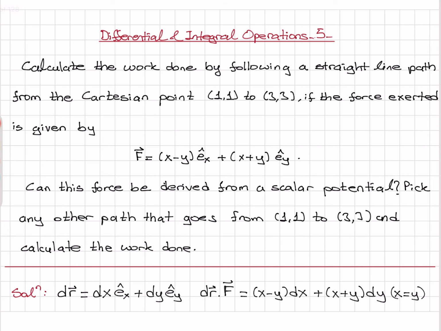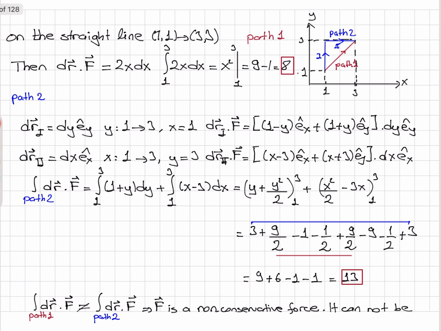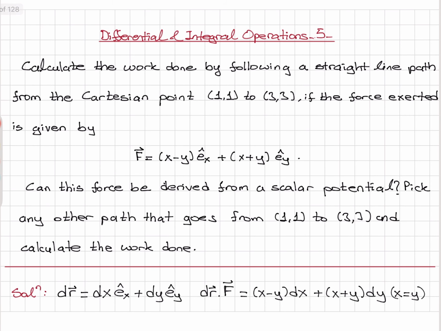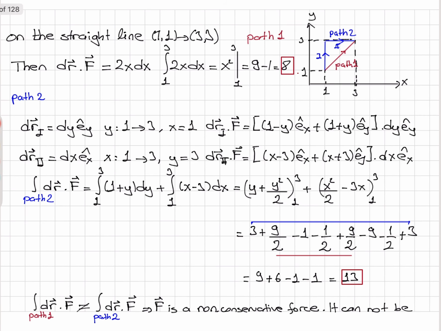And we have shown that the work done by this force for these two paths between these endpoints is different, which means the work done by the force depends on the path taken. F is a non-conservative force. It cannot be derived from a scalar potential. The answer doesn't depend on the endpoints only. It also depends on the path taken. So this shows that F is a non-conservative force.